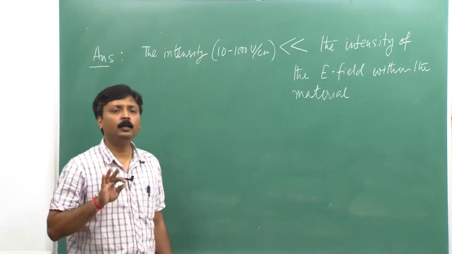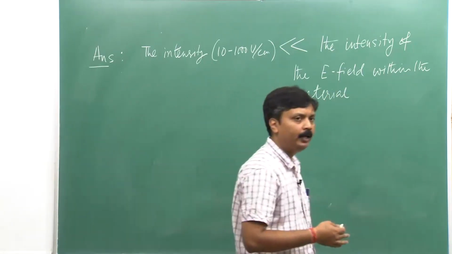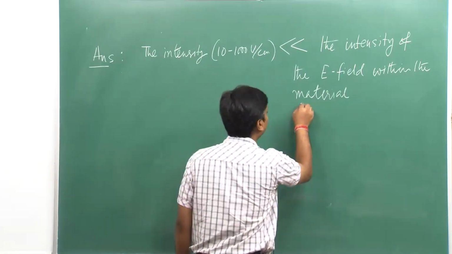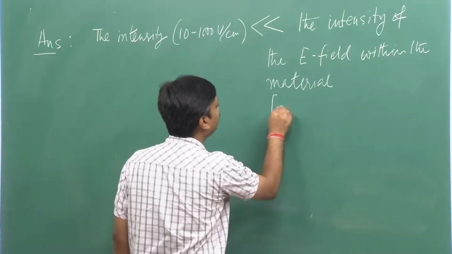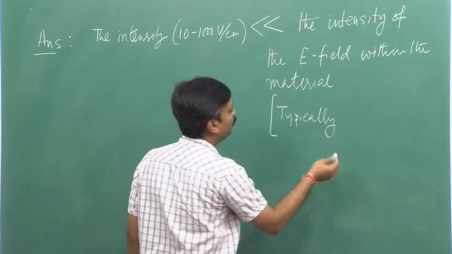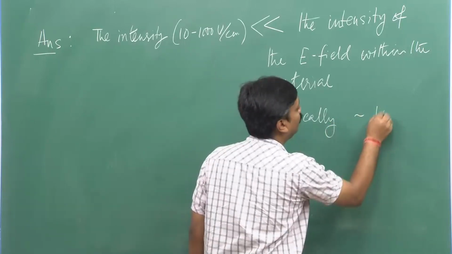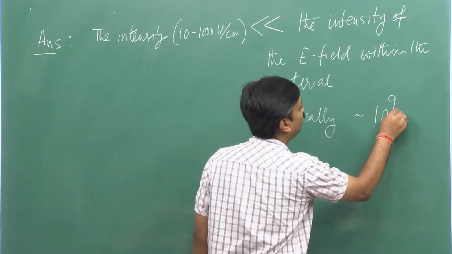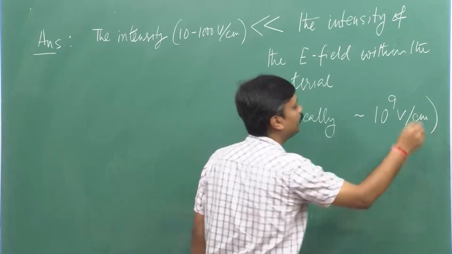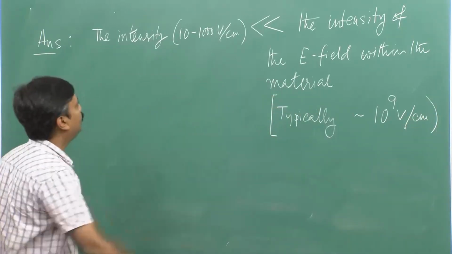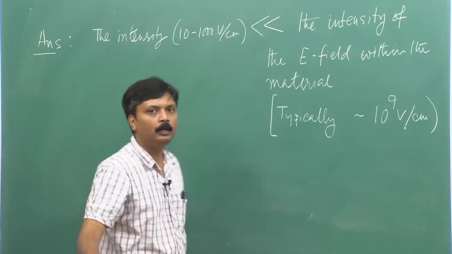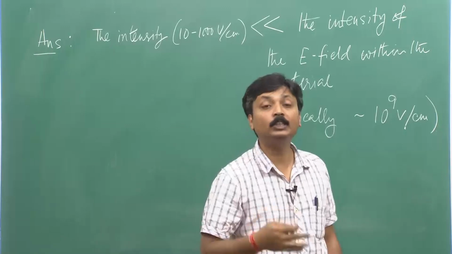What is the typical order of the electric field within the matter? It is typically around 10 power 9 volt per centimeter, and this is 10 to 1000. So, of course, this is like 10 to the power 8 to 10 to the power 6 orders of magnitude less.